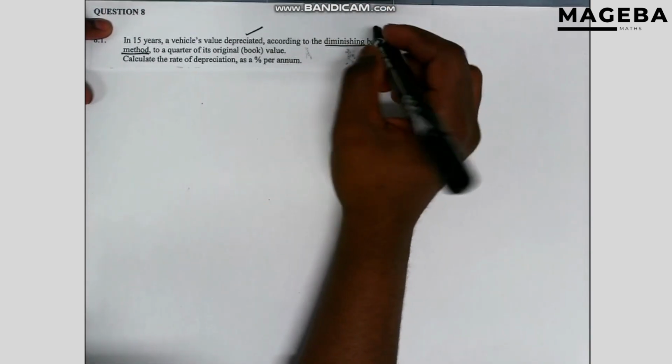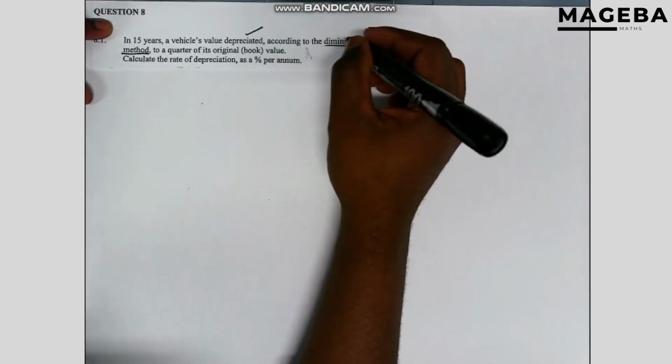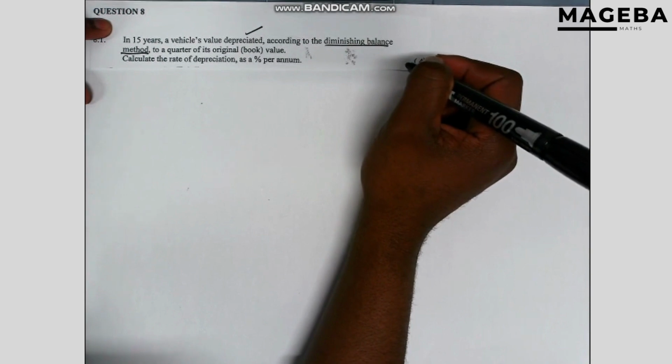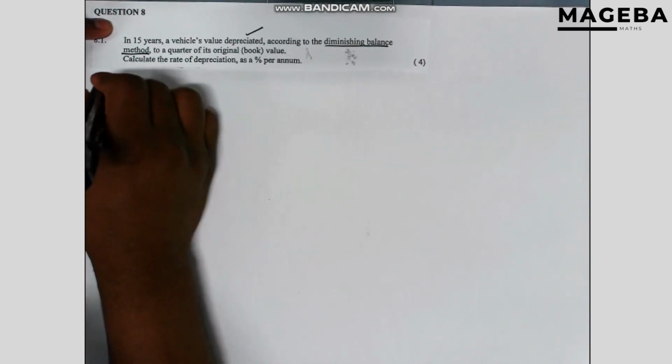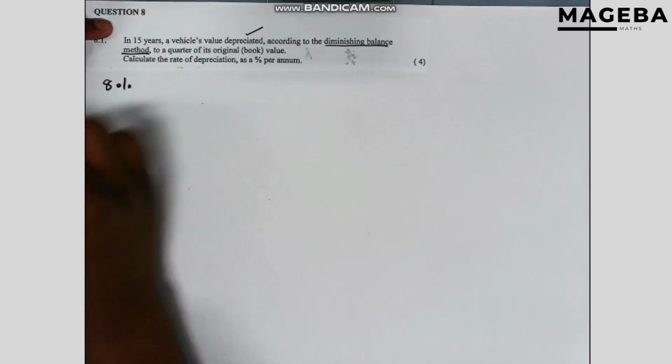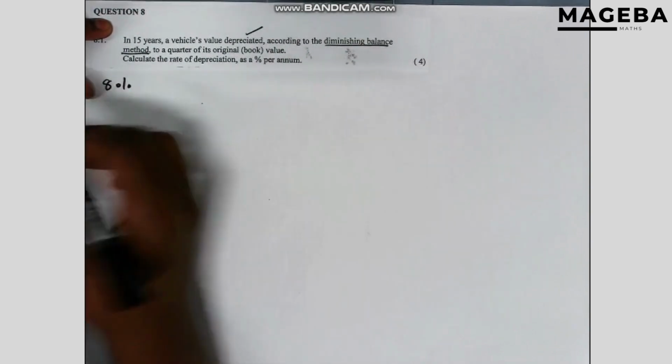Probably you are used to the word reduced balance. Right now they changed the term and they're writing diminishing balance method. So from there, just write the equation of this one.